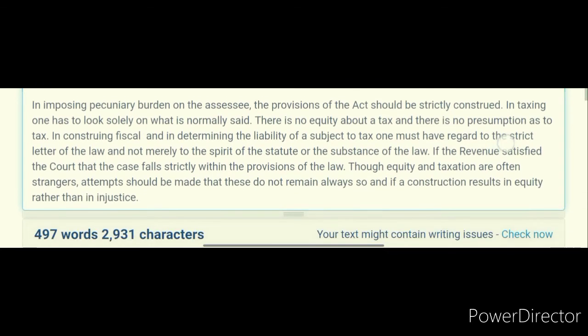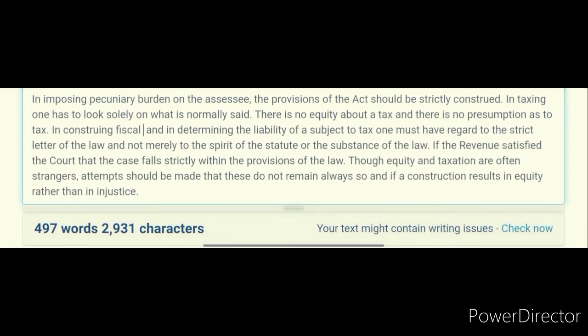Para. In imposing pecuniary burden on the subject, the provisions of the Act should be strictly construed. In taxing, one has to look solely on what is normally said. There is no equity about a tax, and there is no presumption as to tax. In construing fiscal statutes and in determining the liability of a subject to tax, one must have regard to the strict letter of the law and not merely to the spirit of the statute or the substance of the law.